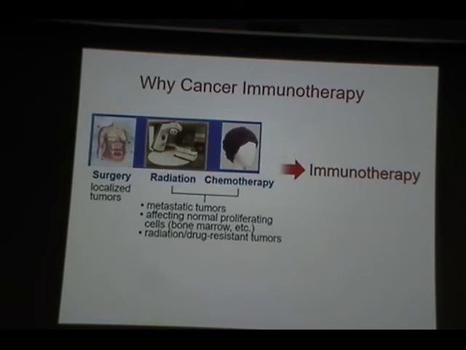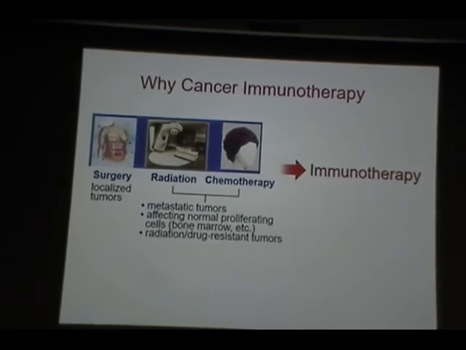However, the problem with radiation therapy and chemotherapy is that they also affect normal proliferating cells like bone marrow. Those are proliferating cells. And again, you may have radiation- and drug-resistant tumors. In most cases, those tumors have a higher content of what we call cancer stem cells.